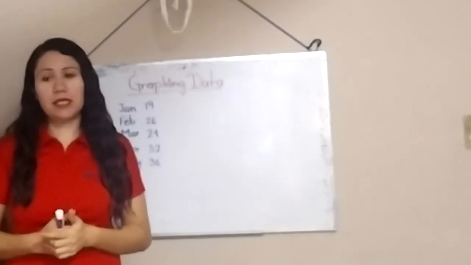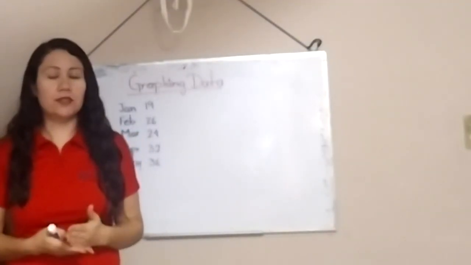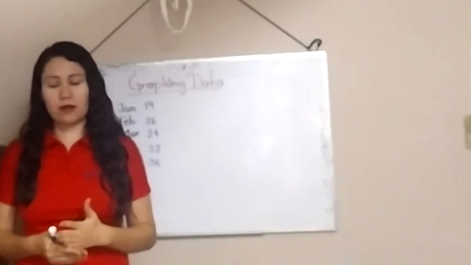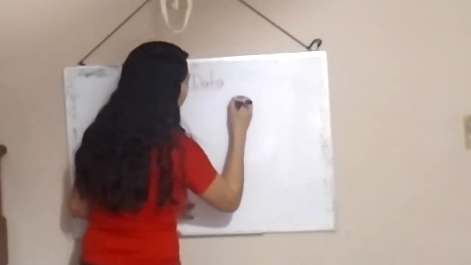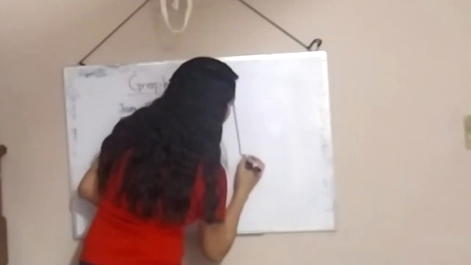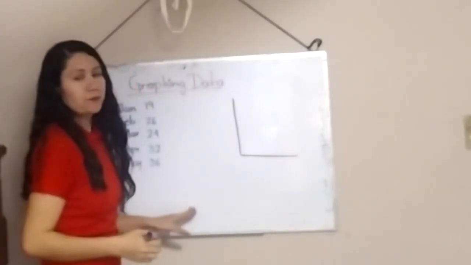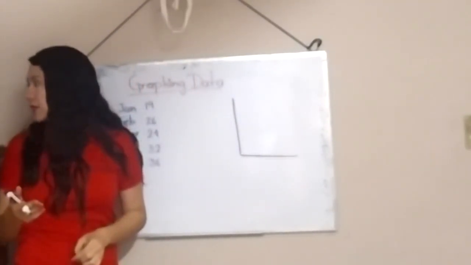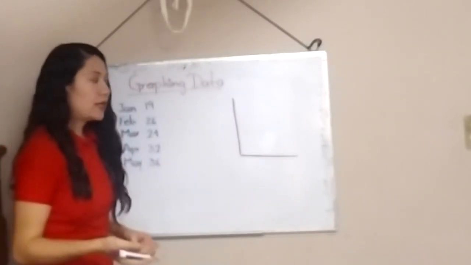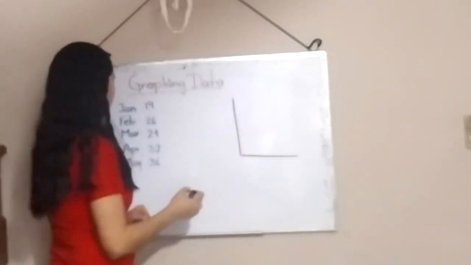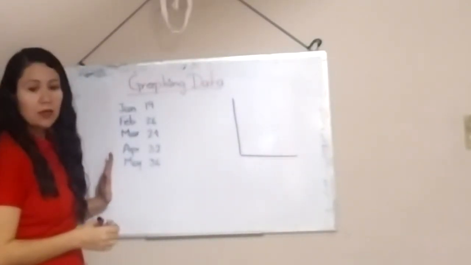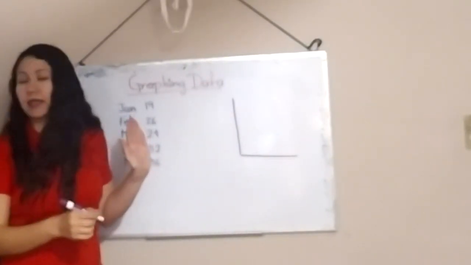The steps to make a line graph are very similar to making a bar graph. So the first step is exactly the same. We will make the axis vertical and horizontal. The second step is also to choose a scale, and this time we have sit-ups of Kelly.